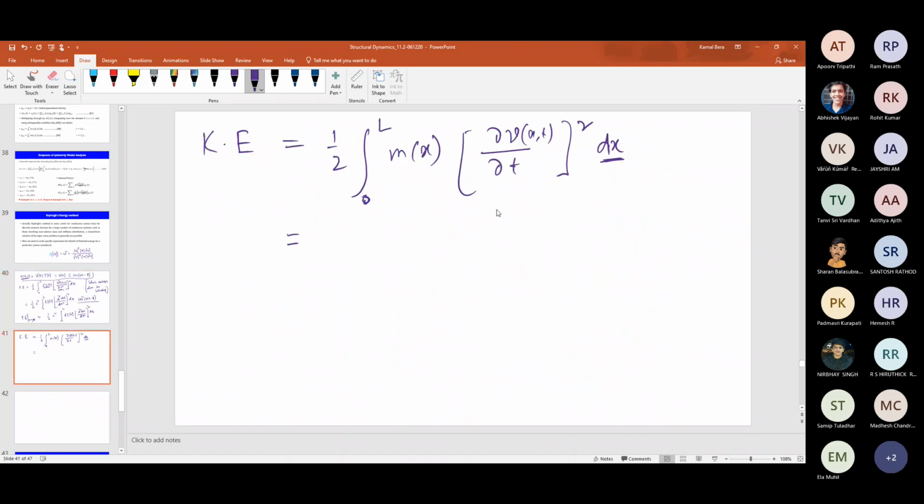And here it is the velocity, half m times velocity squared. So the velocity gives half into C squared into omega squared into the integral from 0 to L.